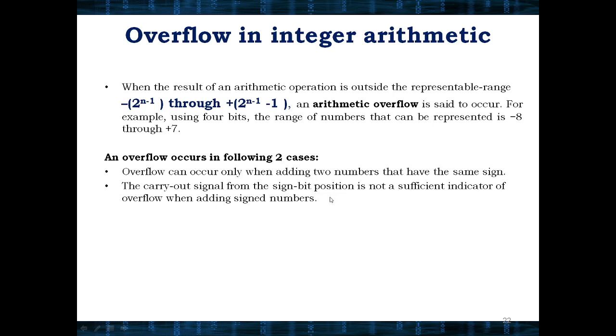So as I said, in unsigned numbers, the carry out from the MSB bit tells us that arithmetic overflow occurs. That is only for unsigned numbers, but in signed numbers, by considering only the carry out signal, we can't say that it is an arithmetic overflow condition.